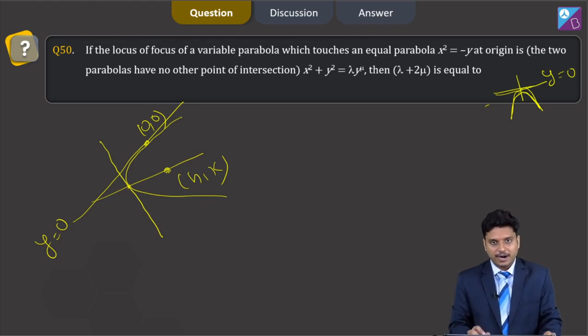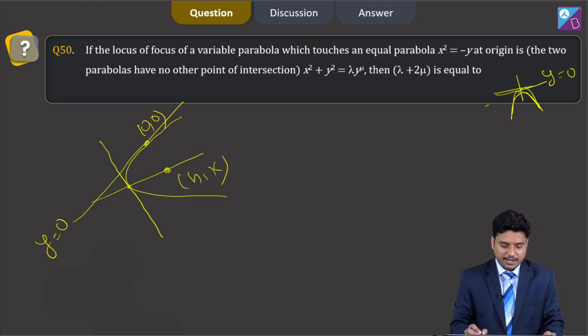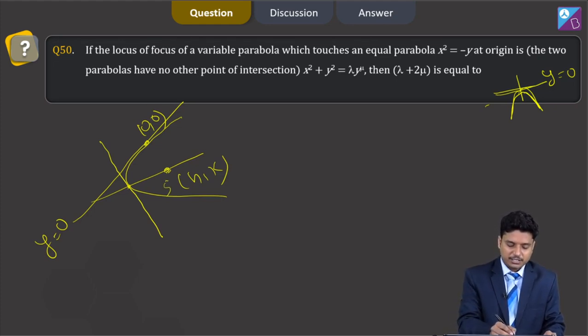So for our required parabola, this y equal to 0 will work as a tangent at origin. So at 0 0, we are having this tangent y equal to 0, h k is our focus, we have to find this locus of focus. As we know from the properties that from focus, if we draw a foot of perpendicular on any tangent, it will always lie on tangent at vertex.